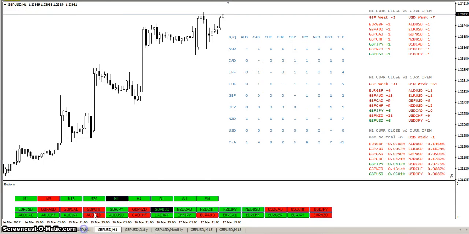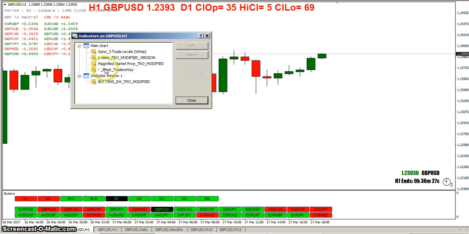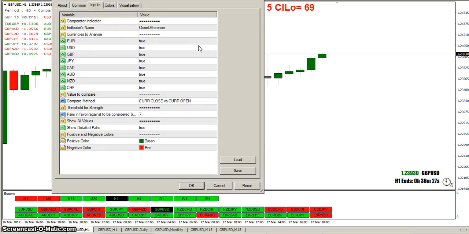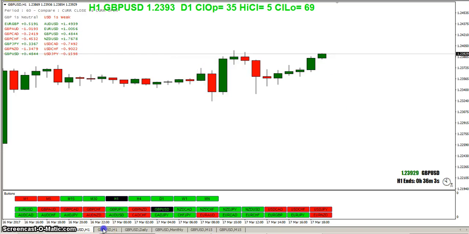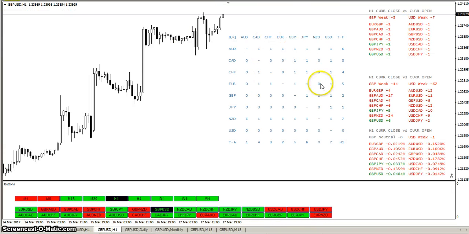But on the original, I just stuck that in. That's what I use for when I'm testing code. I just stick it in a blank file because I've got so many indicators that if I add one, it bumps one off the bottom. So you can see here, there's no way to move it around on the chart. So that was one of the first things I changed.